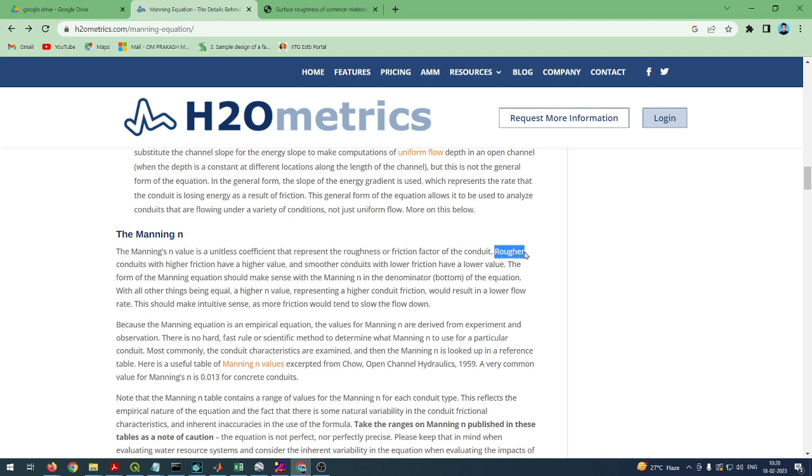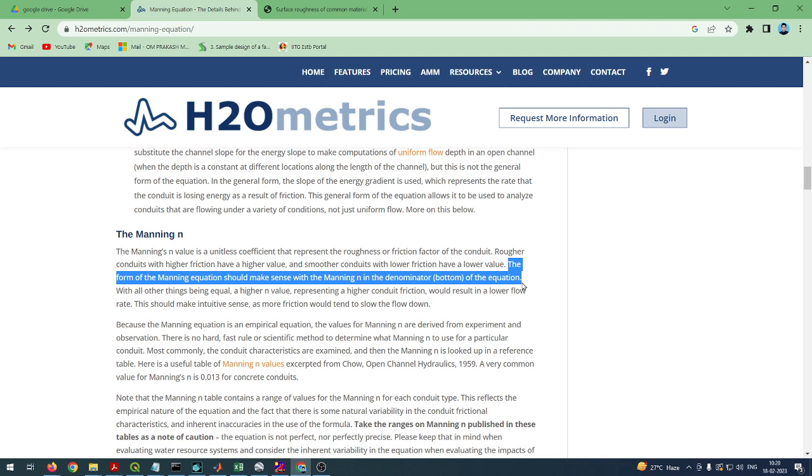The rougher conduit with a higher friction has a higher value, and smooth conduits with lower friction have a lower value. The form of the Manning equation should make sense, with Manning's n in the denominator at the bottom of the equation.